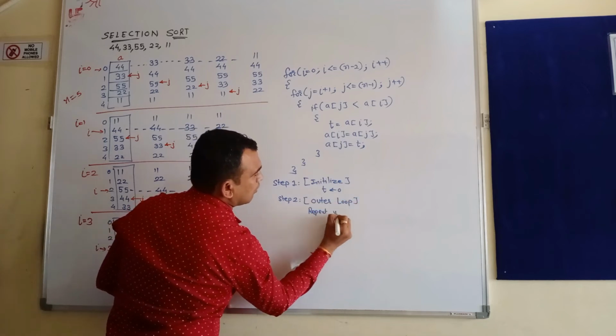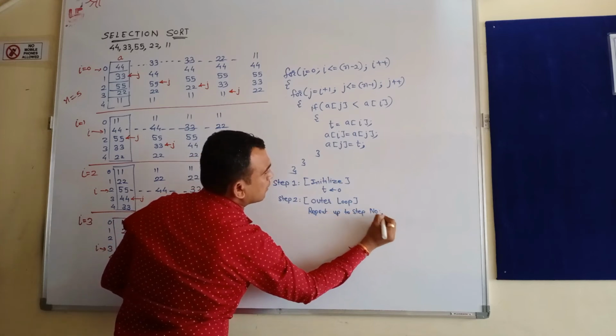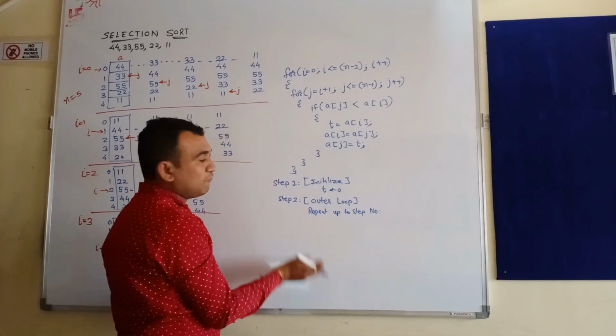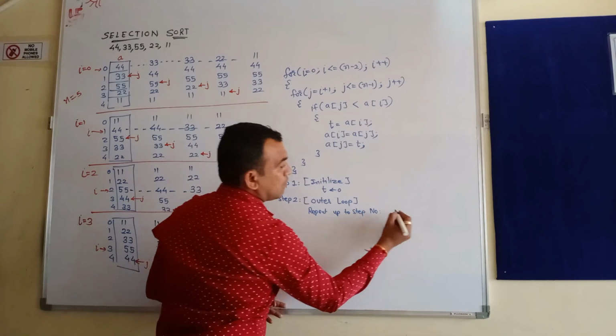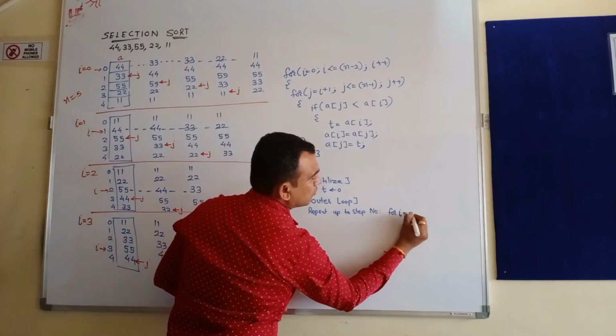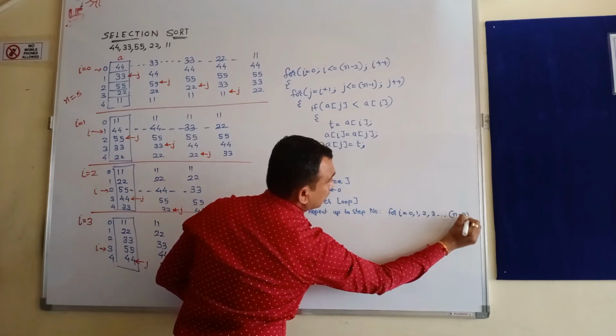Repeat up to step number. Okay. Currently I am leaving a space because I don't know how many steps will be there for this loop. So let's leave it there. For I is equal to 0, 1, 2, 3 up to n minus 2.